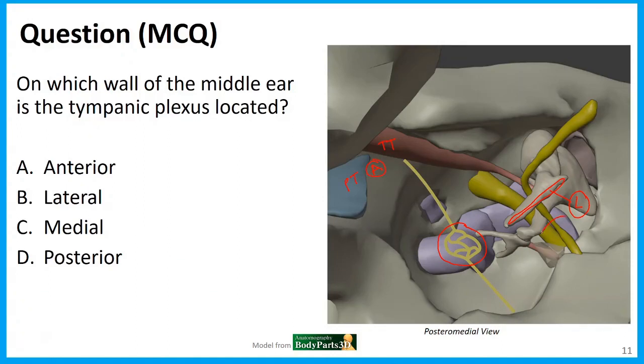And then these structures back here, you see the pyramidal eminence, facial canal, and the prominence of the lateral semicircular canal are the posterior wall. So the promontory as well as the oval window are found on the medial wall. So the correct answer here is C, medial.